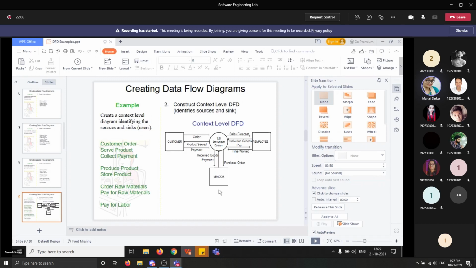Next, lemonade system is giving back the payment to the vendor, so the payment arrow is to vendor. That means lemonade system is paying the vendor. And also lemonade system is giving the purchase order to the vendor. So here the destination is vendor and the source is lemonade system. So see here, from source to destination, it is moving. In this way, the DFD level 0 we are constructing.